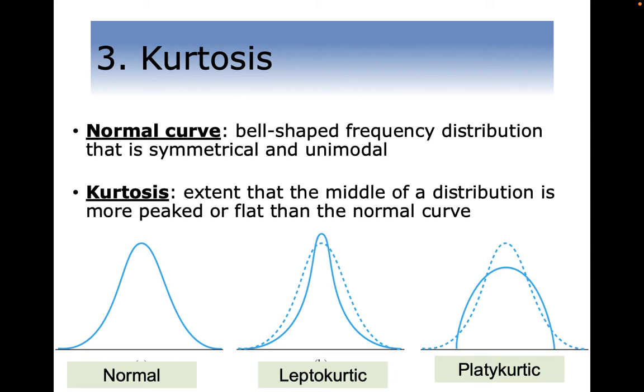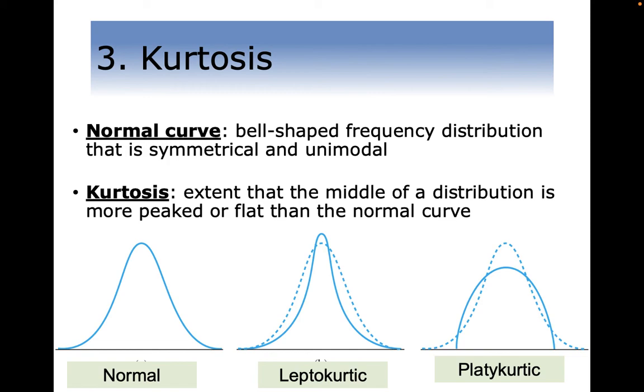And so with kurtosis, we're describing a distribution in terms of whether the middle of the distribution is particularly peaked or flat. The standard of comparison is a bell-shaped curve. In psychology research and nature more generally, distributions often are similar to this bell-shaped standard, which is called the normal curve.